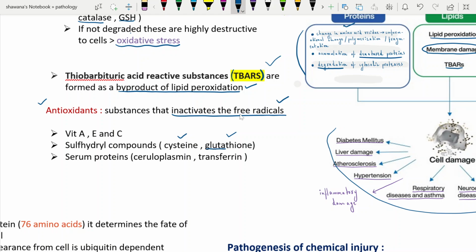You have heard of glutathione; many cosmetic fields use glutathione injections and tablets for brightening of the skin, because the main aim is to get rid of free radicals. Serum proteins like ceruloplasmin and transferrin are antioxidants and are beneficial for the cell.